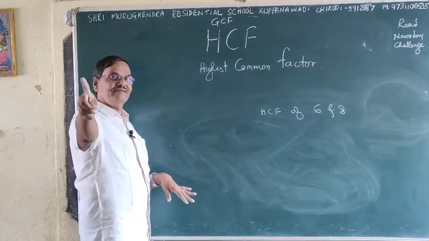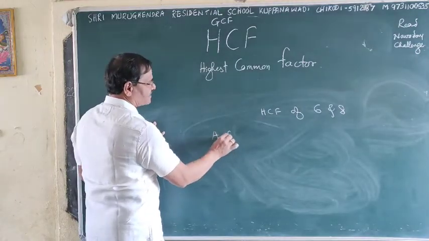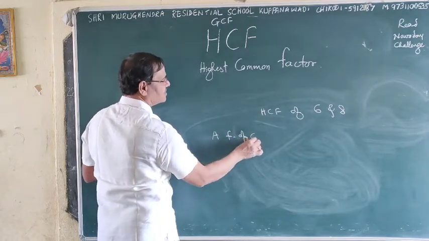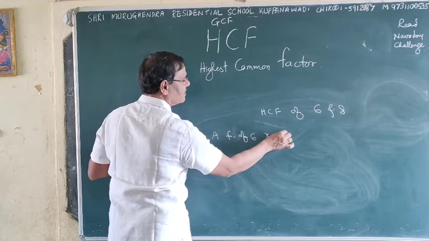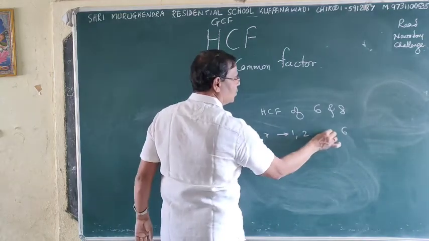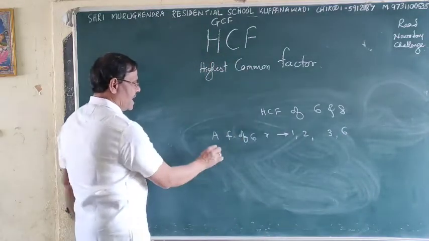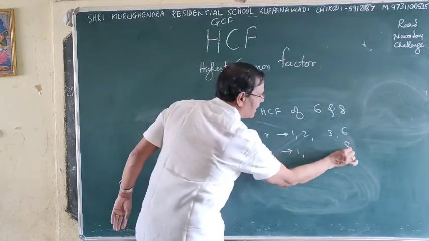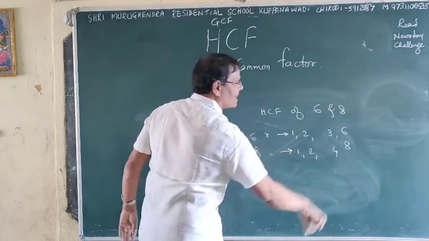As you understood factors, all factors of 6 are 1, 6, 2, 3. All factors of 8 are 1, 8, 2, 4.